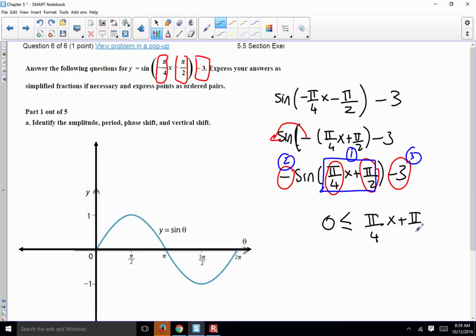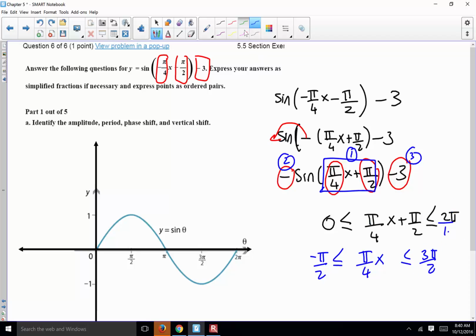Take the entire thing to the middle and solve this inequality. Subtract pi over 2 from both sides. When you subtract 90 from 360, it's 270, or 3 pi over 2. Or you just set the common denominators. Okay?